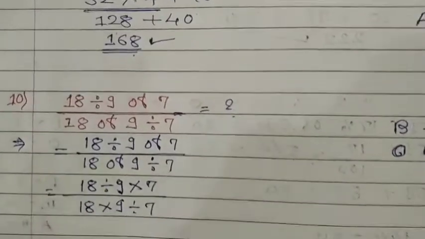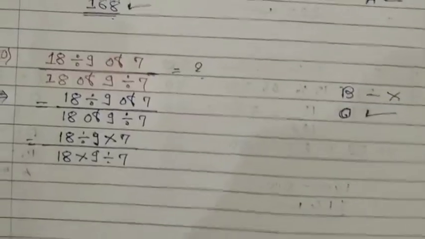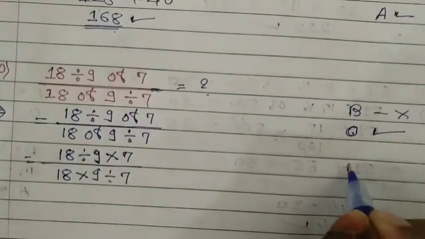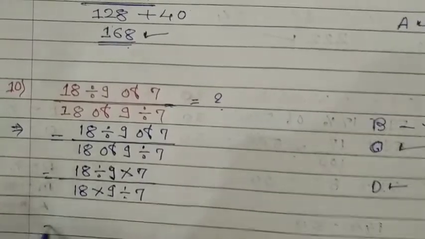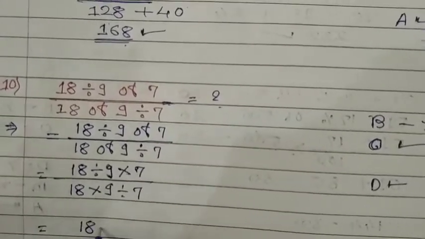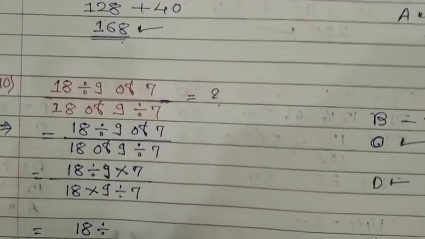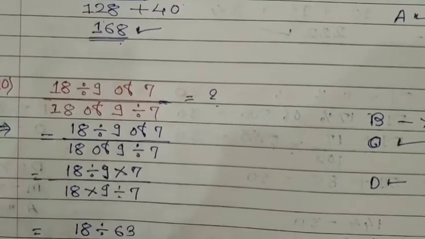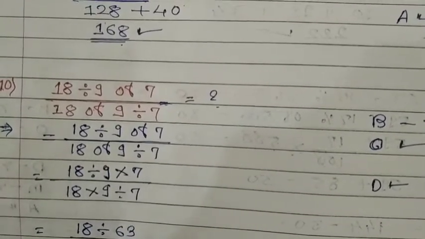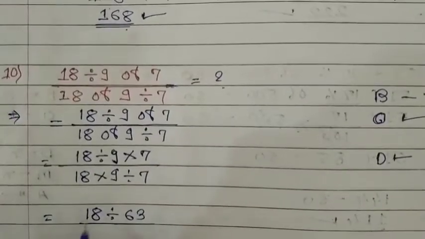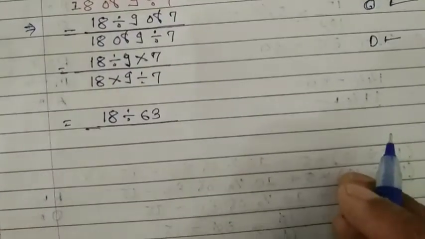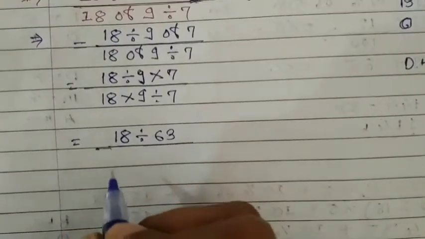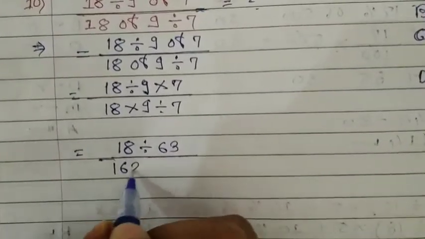Okay, students. Firstly of, then division. 9 sevens are 63. 18 nines are 162.